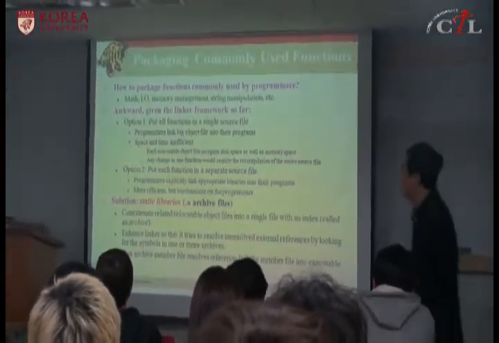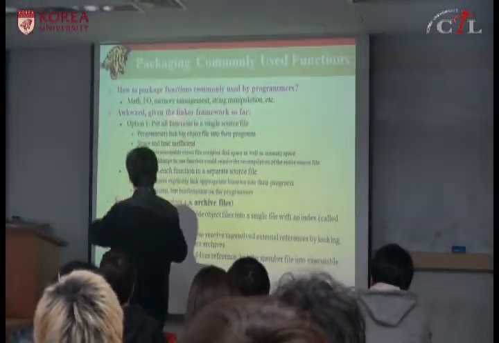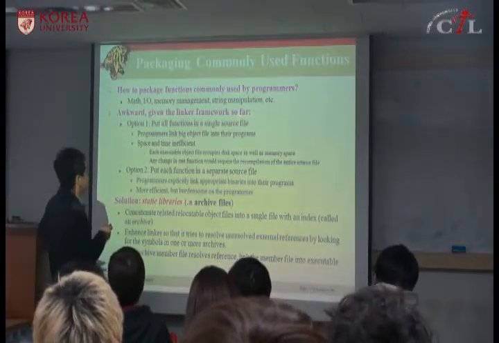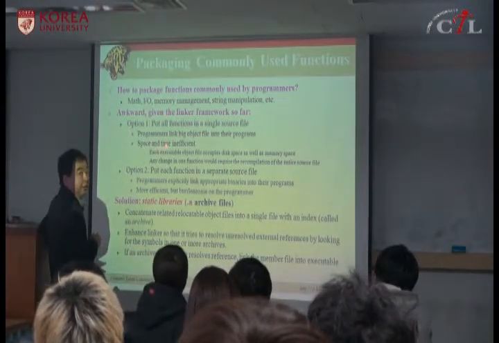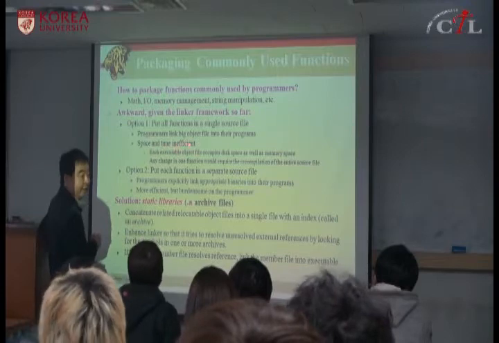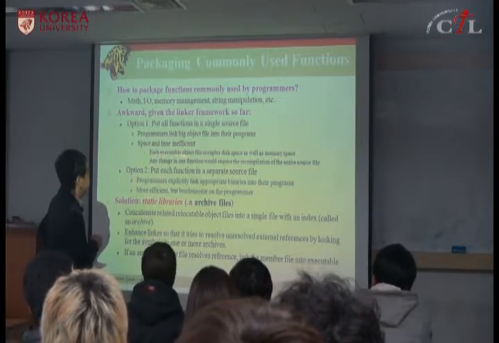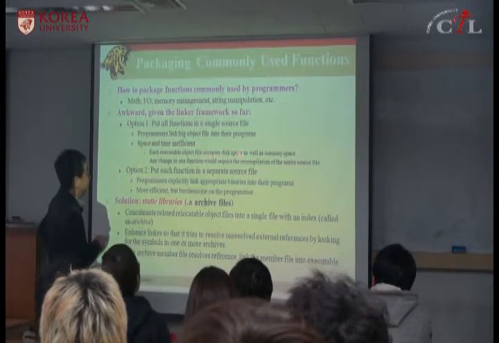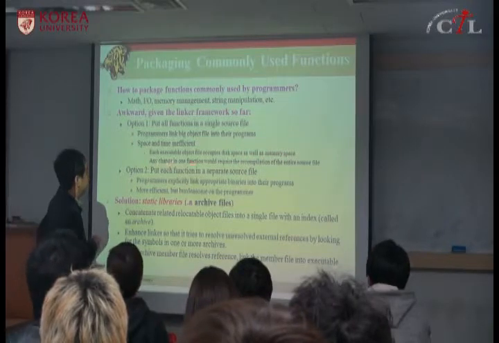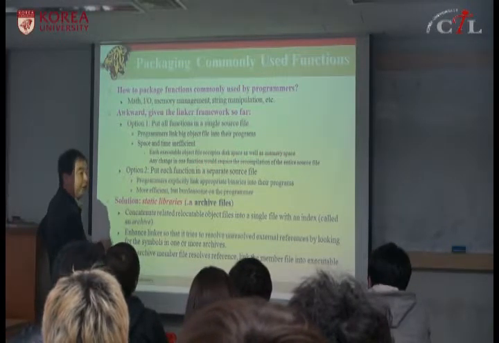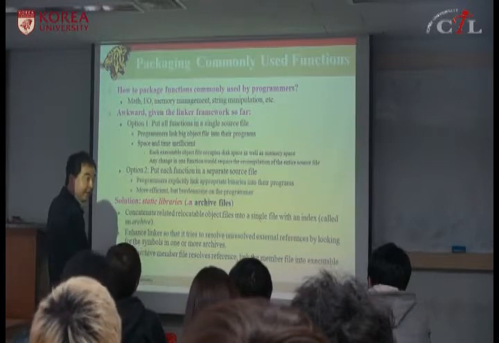Okay? But if you put all these commonly used functions in a single source file, it's usually space and time inefficient, because each executable object file occupies disk space as well as memory space. If you want to change any function, you need to recompile everything.